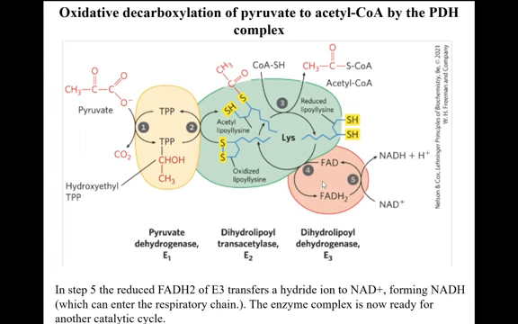And so that is step 5, the reduced FADH2 of enzyme 3 transfers a hydride ion to NAD+, which you see right here, forming NADH, which can enter the respiratory chain, once again reducing oxygen to water, and then promoting the electron flow of producing ATP from ADP and inorganic phosphate. The enzyme complex is now ready for a catalytic cycle all over again.